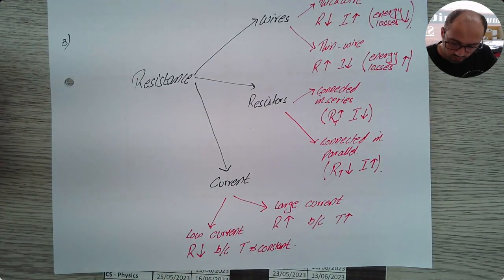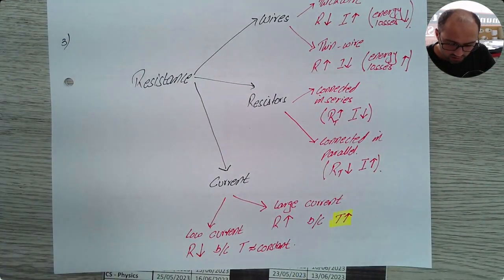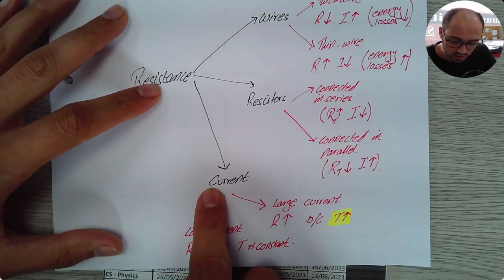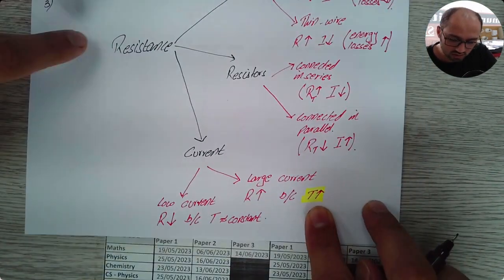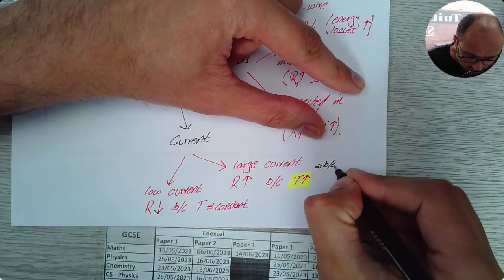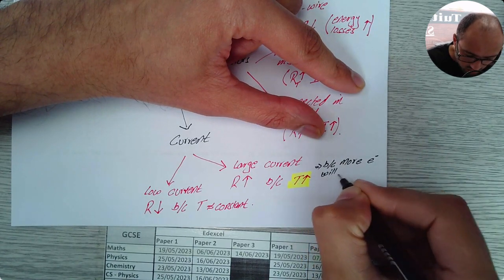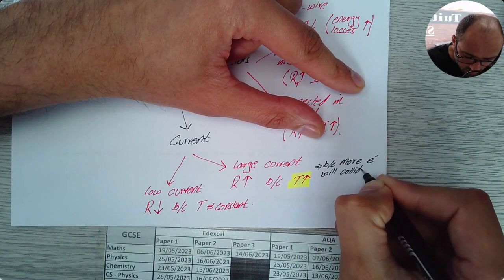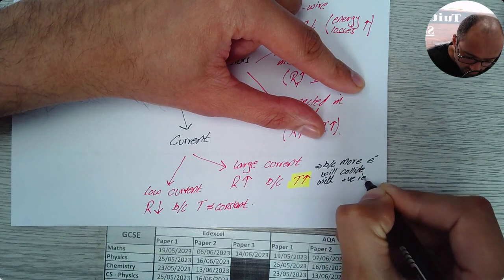I need to remember one more thing here. This is something that gets asked very often. If a large amount of current is used, why is it that the temperature increases? For this, you will have to remember, because more electrons will collide with positive ions.